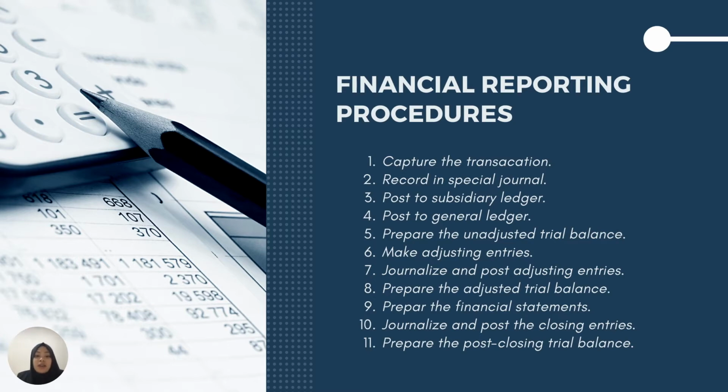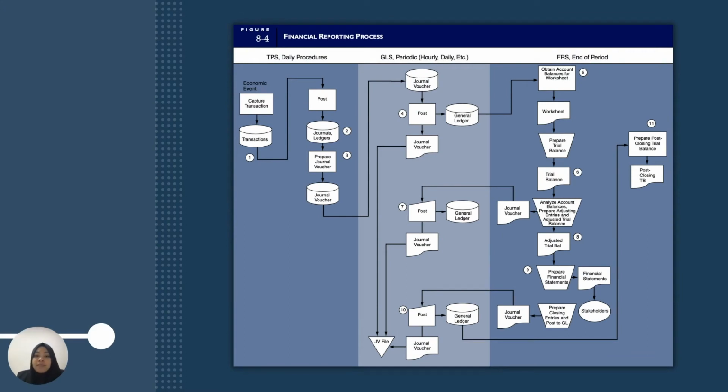Finally, these entries are posted to the general ledger. And lastly, prepare the post-closing trial balance. A trial balance worksheet containing only the balance sheet accounts may now be prepared to indicate the balances being carried forward to the next accounting period. So these are the procedures of financial reporting.